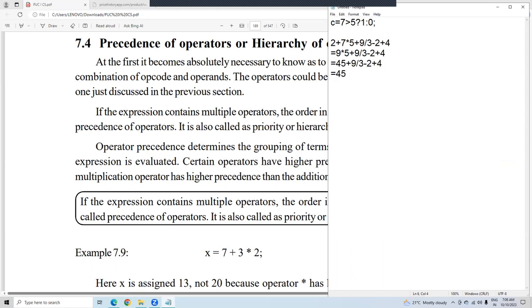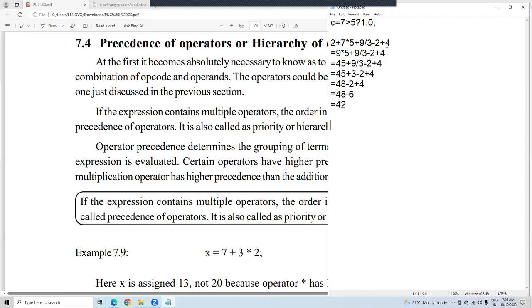Then 45 plus 9 divided by 3 is 3, minus 2 plus 4. 45 plus 3, 48, minus 2 plus 4. So like this, minus 6. Now we got one dozen. 48 minus 6 is 42. But this is not the only correct way.